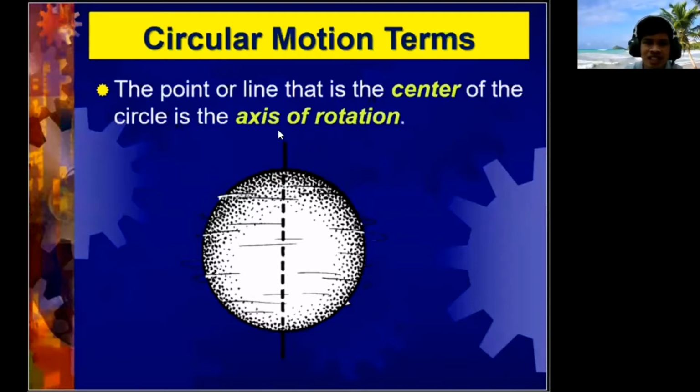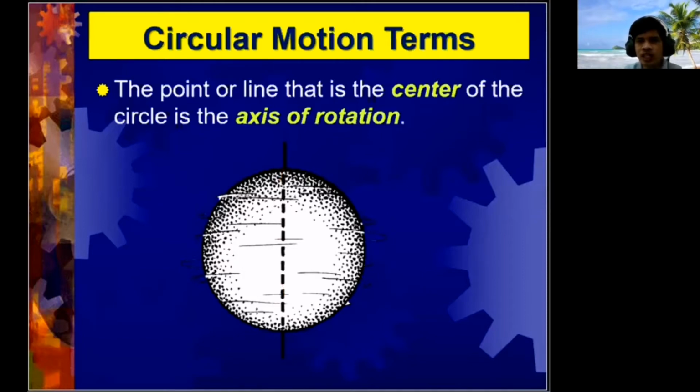Let me use my pen. So this line here, which is an invisible line, is called the axis of rotation. That is the first term.